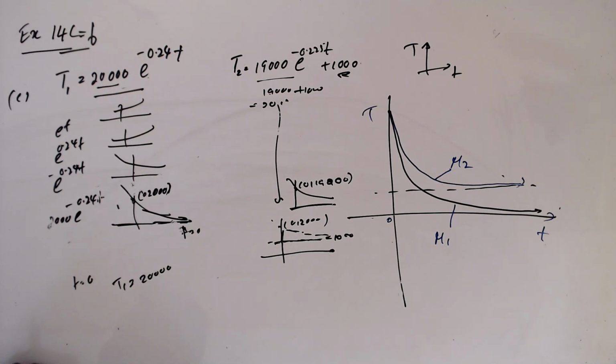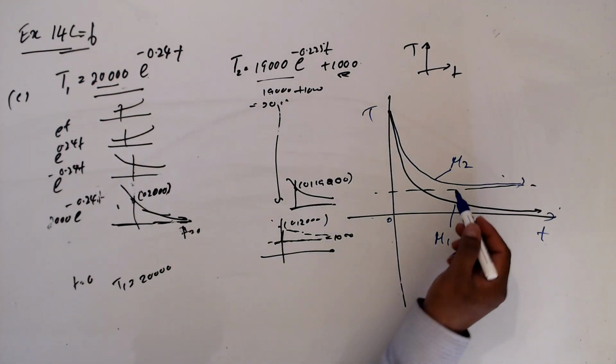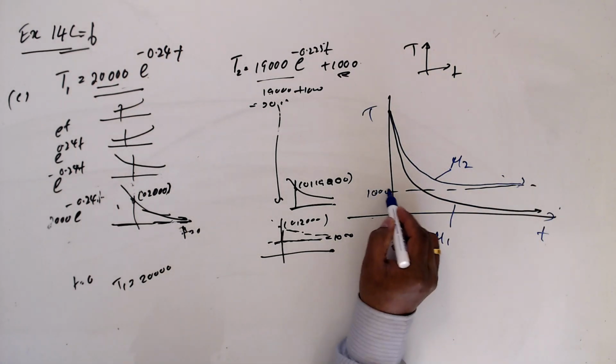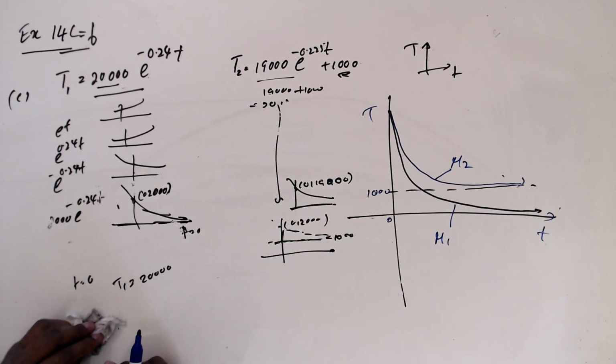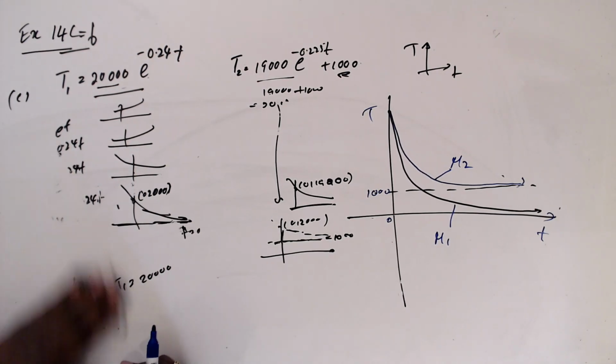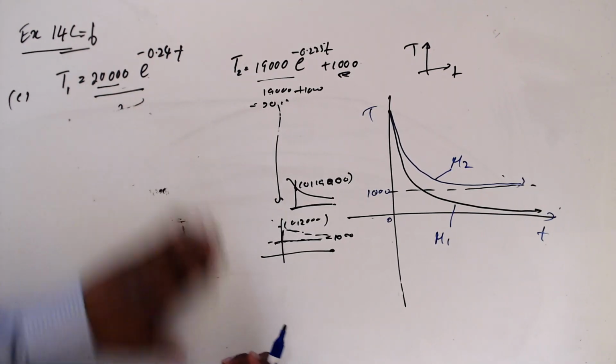Last one: interpret the meaning of the 1,000 in model 2, and suggest why this might make model 2 more realistic. If the question is asked like that, we have to answer in a more realistic way.